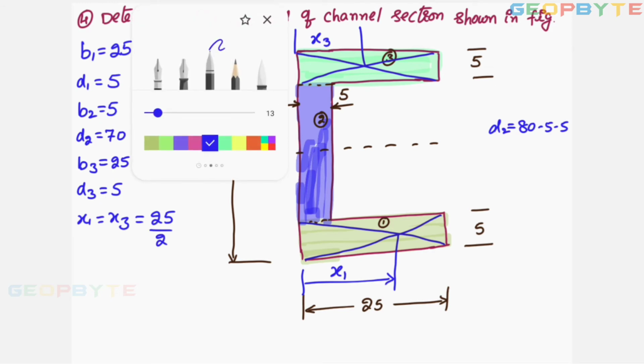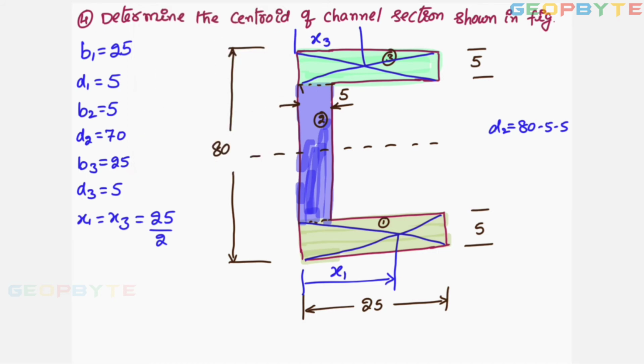Similarly, for section 2, join the diagonals. Then this is the x2. So x2 is equal to only 5 by 2.